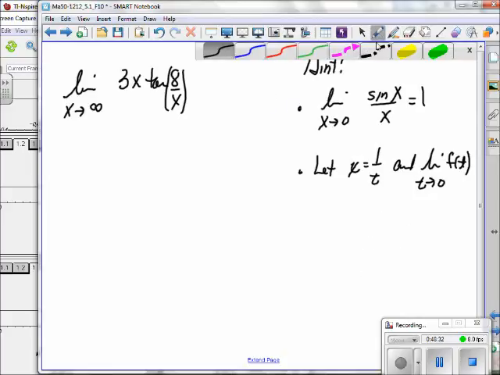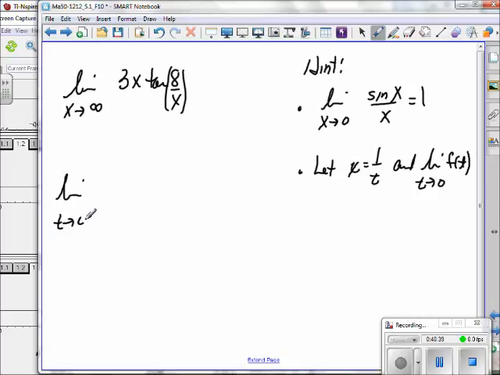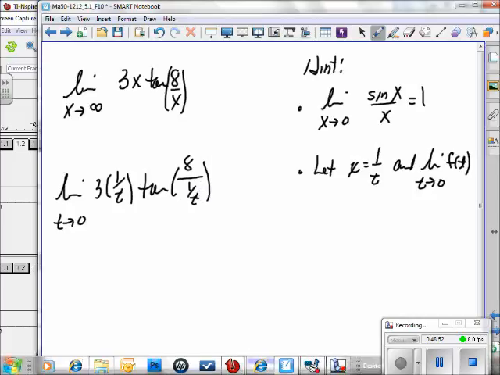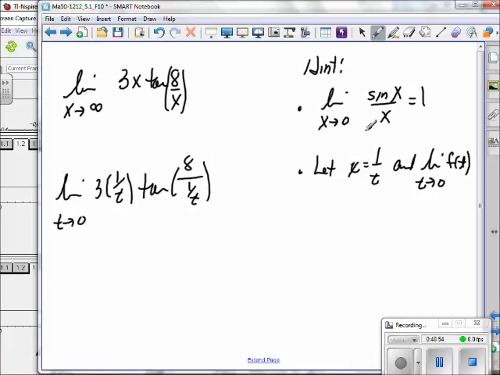Now, beyond that, this will be the limit as t goes to 0 of 3 times 1 divided by t times the tangent of 8 divided by 1 divided by t. Now, if we can get it into a situation where you have the sine of this quantity divided by that same quantity, you've got the limit equal to 1 of that piece.